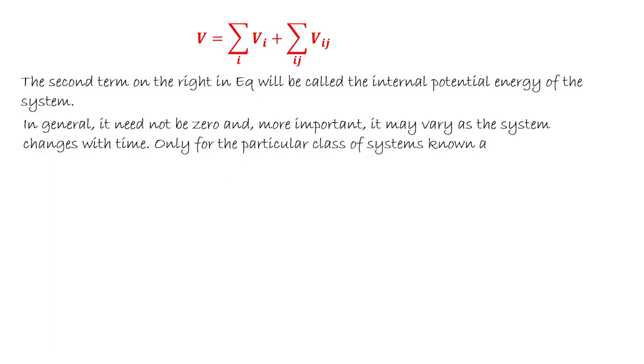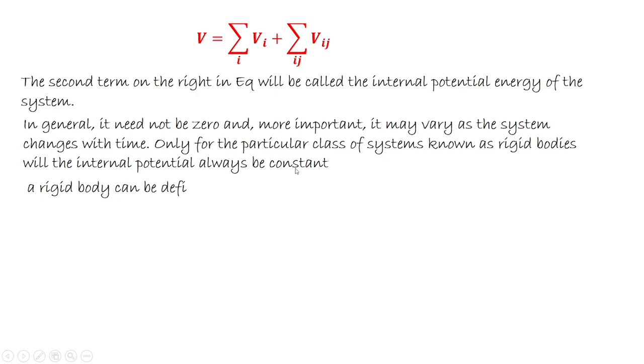Only for a particular class of systems known as a rigid body will the internal potential always be constant. So for rigid bodies, I mean the distance between two particles must be fixed, right? That is a rigid body.